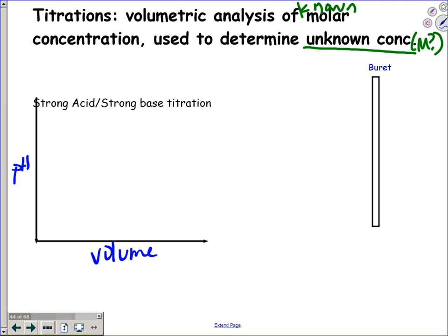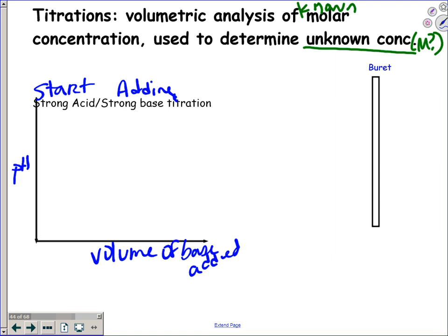So for this particular example, we're starting with acid and we're adding strong base. So I'm going to say volume of base added, just so it's clear, like I have the base in the burette and I'm adding this.